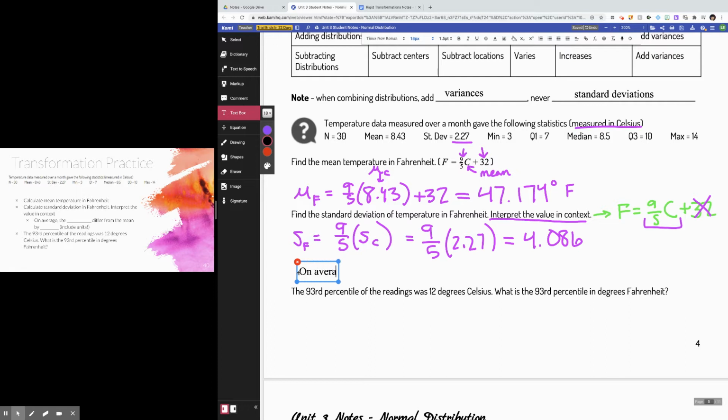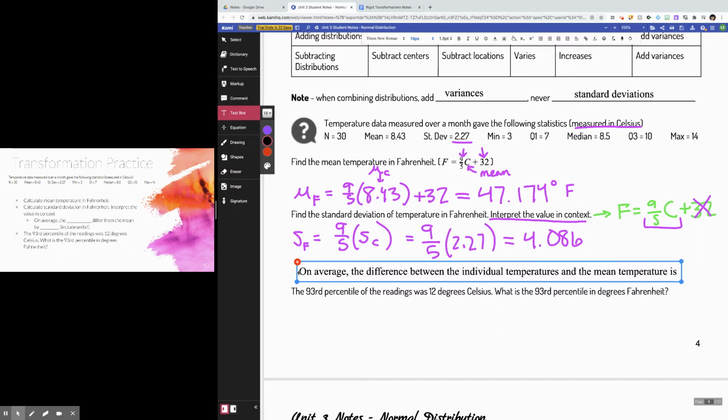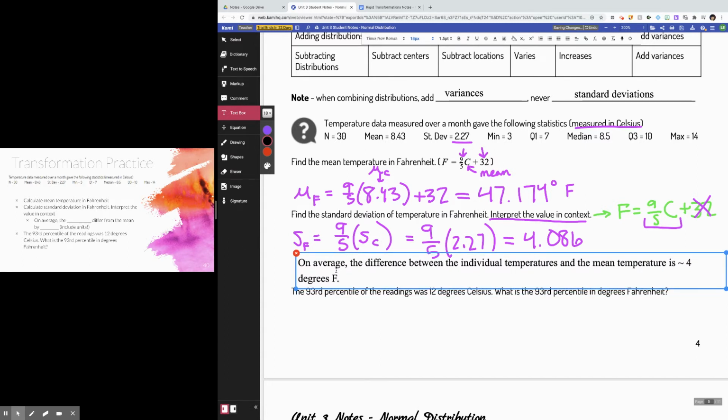So you would say on average, the difference between the individual temperatures, I really cannot spell today, and the mean temperature is approximately 4 degrees, approximately 4 degrees Fahrenheit. Move this up so you guys can actually see that.